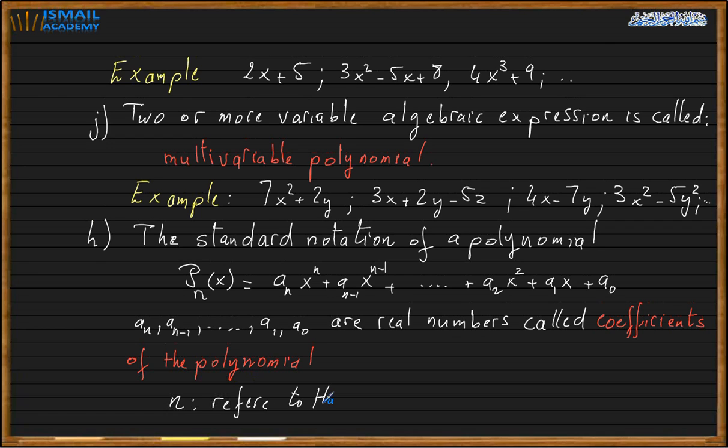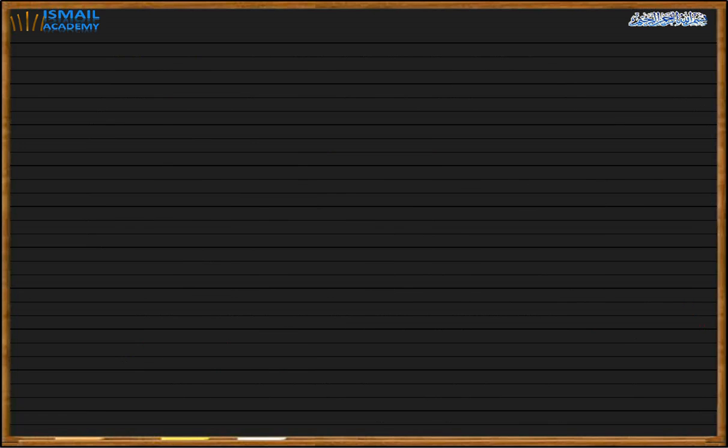So for example, degree 4, 4 minus 7x plus 4.